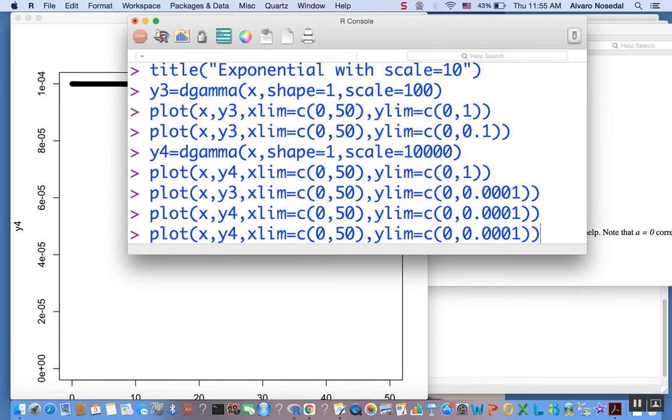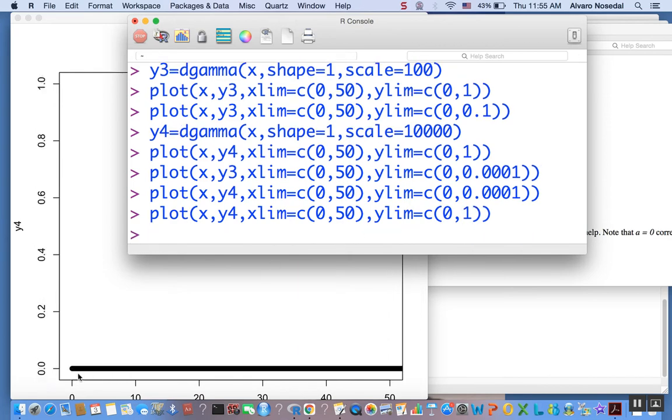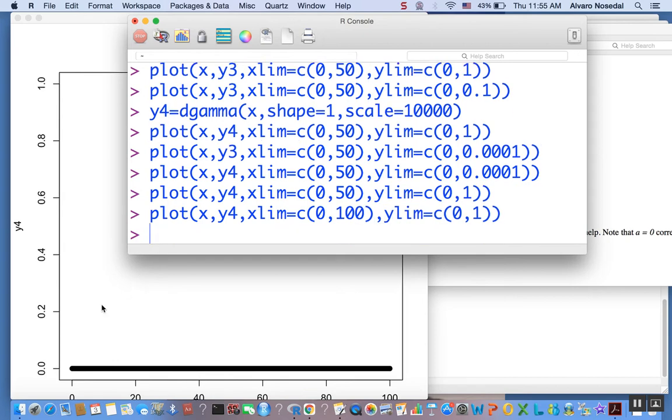So if we used the original scale, which was from 0 to 1, you see it like this, going from 0 to 50, and you could go beyond that, right? Do it up to 100 as we initially had, and you can see that it's basically flat.